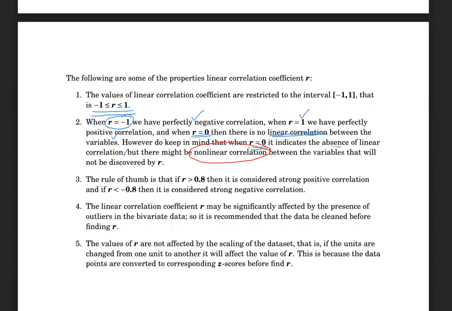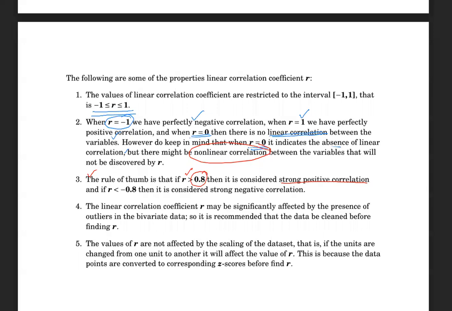Next, this is just a rule of thumb. If R, or linear correlation value, is greater than 0.8, it is considered a strong positive correlation. It may vary from subject to subject that you are studying. If you're studying biology, then it may be one type of boundary you use for strong correlation. On the other hand, if you're in marketing, you may use a different one.